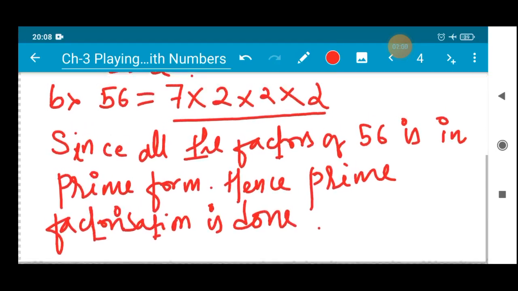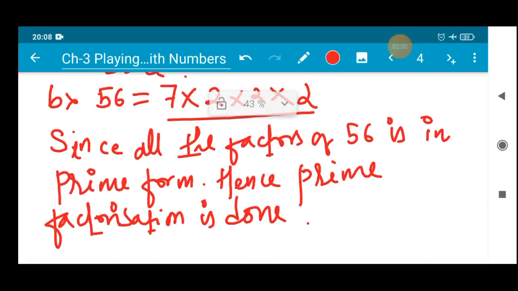All right, so you can see all the numbers here are represented in prime form, so prime factorization is done properly.